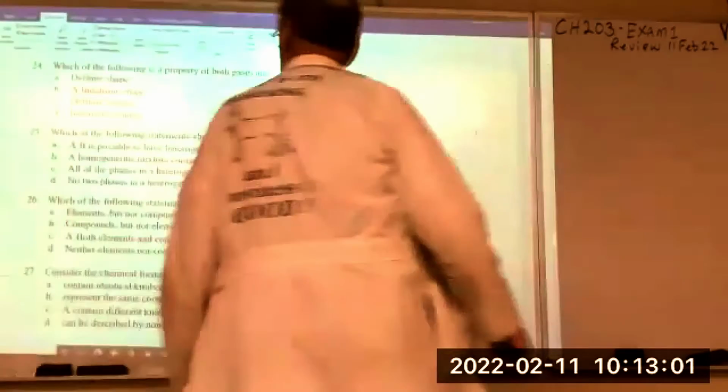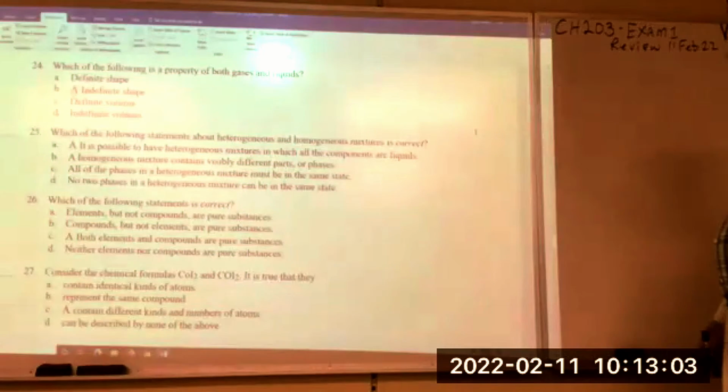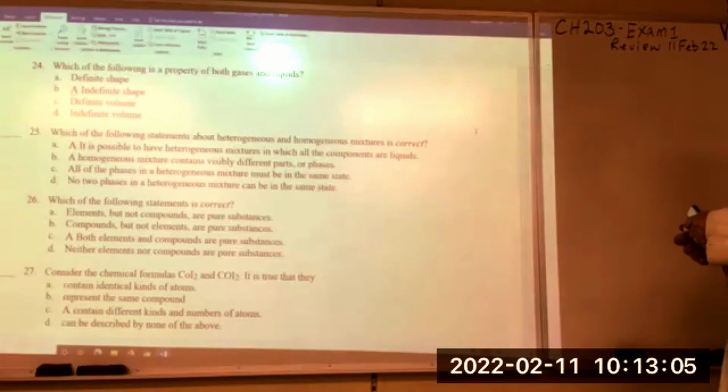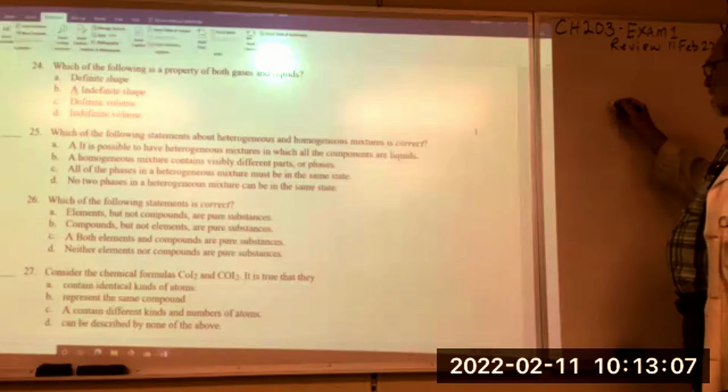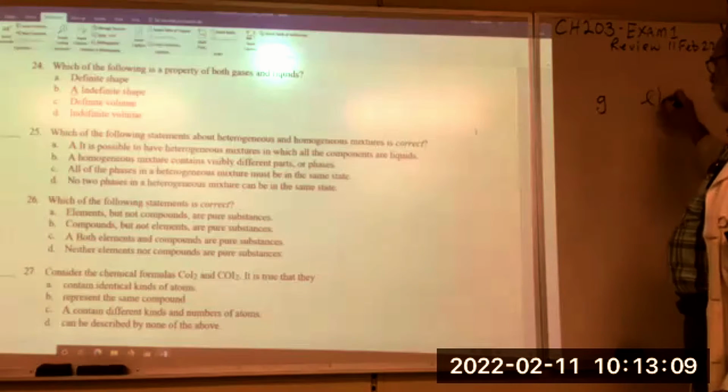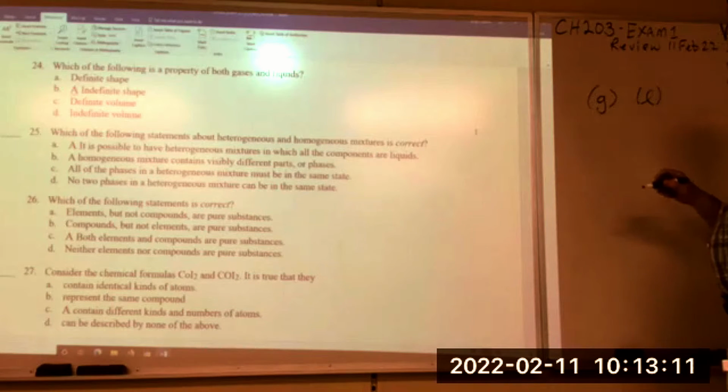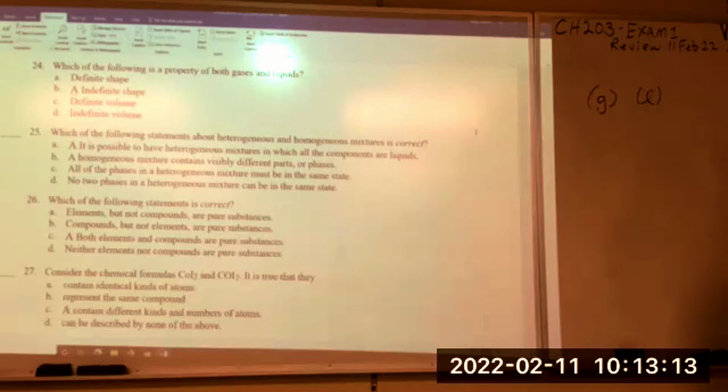Which of the following is a property of both gases and liquids? Gases and liquids. Well, let's see. Well, let's put solids in there too. This is a definite shape and definite volume.